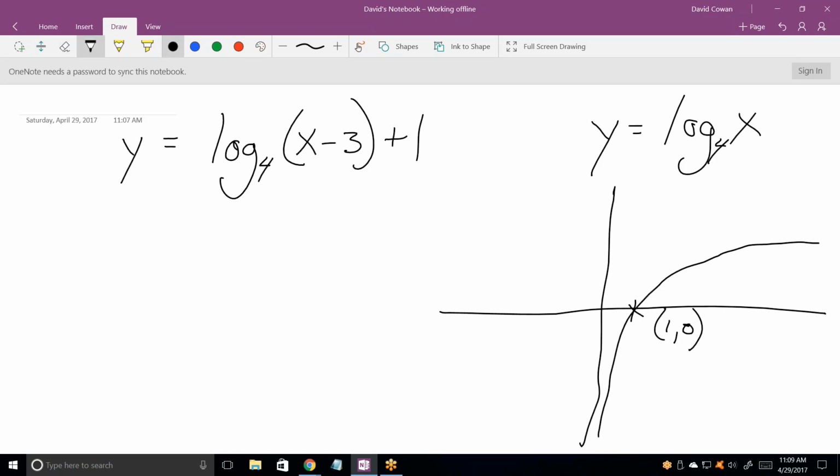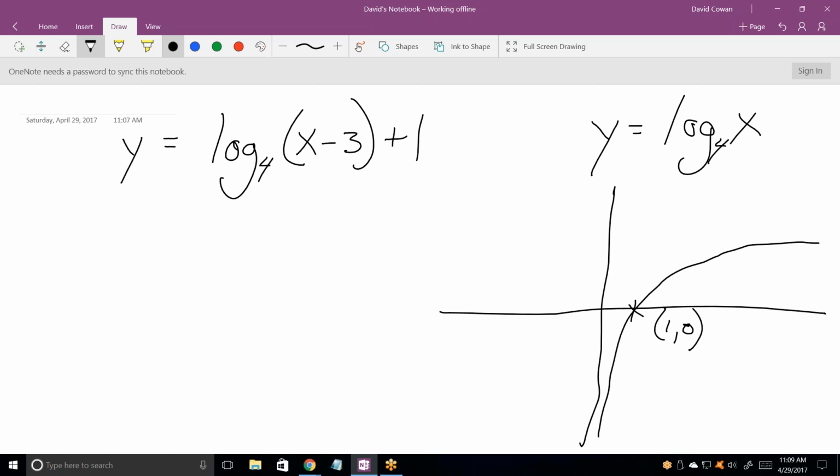It can be natural log, which is base e. Be common log, which is base 10. It can be log base 17, and it would still go through the point 1, 0, and it would have this shape. In other words, if I were to just draw this shape, you would not be able to tell what the base was.